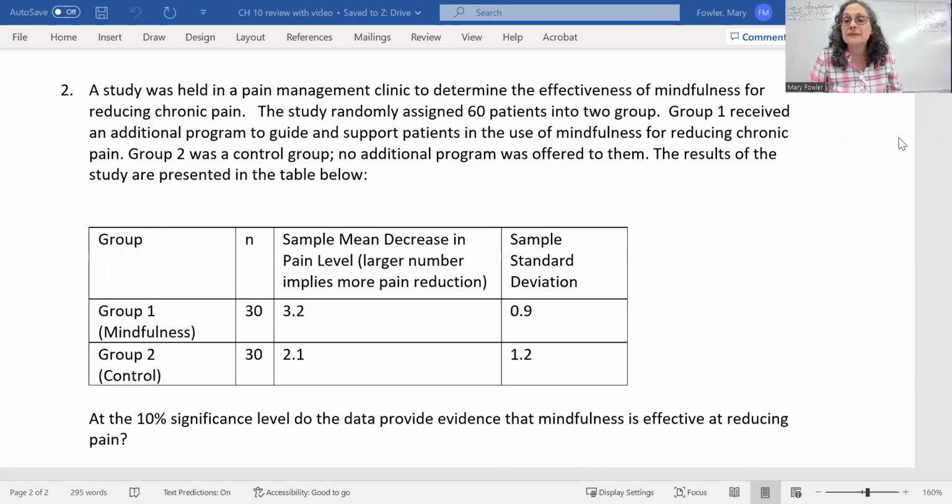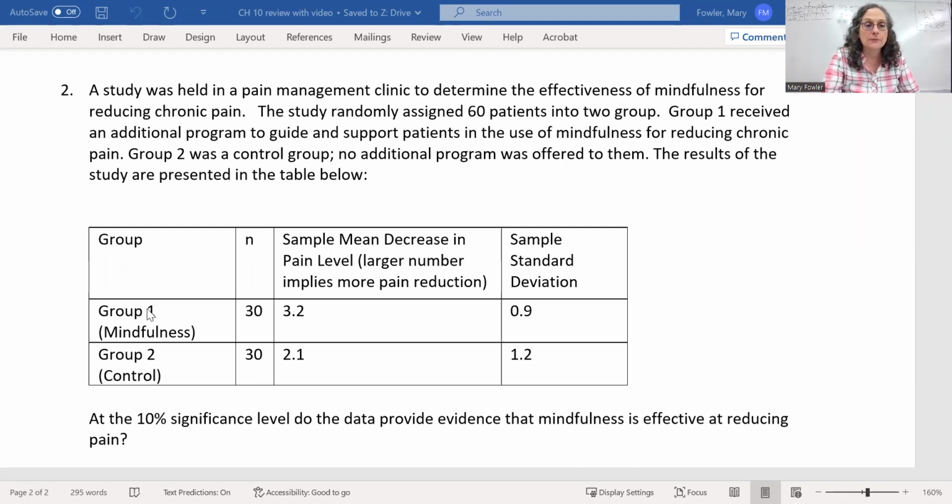The study randomly assigned 60 patients into 2 groups. Group 1 received an additional program to guide and support patients in the use of mindfulness for reducing chronic pain. Group 2 was a control group. No additional program was offered to them. The results of the study are presented in the table below.